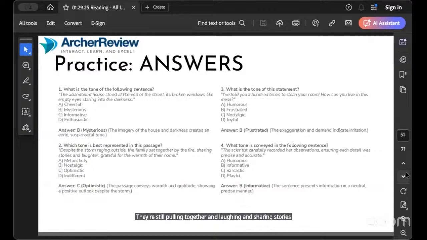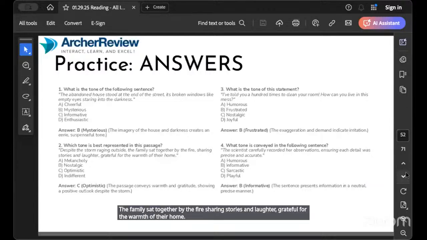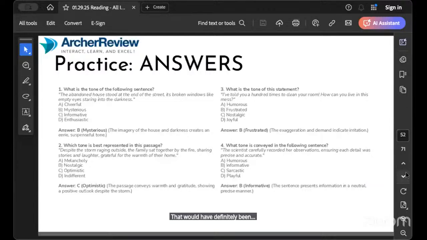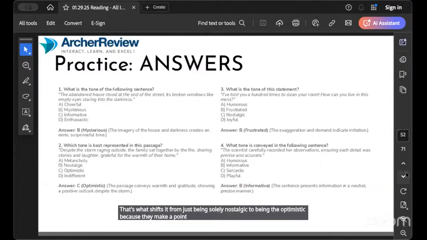So that's where, instead, if it had just said the family sat together by the fire sharing stories and laughter, grateful for the warmth of their home, that would have definitely been B, nostalgic, hands down. But because of that one little phrase, despite the storm raging outside, that's what shifts it from just being solely nostalgic to being the optimistic, because the sentence makes a point to show a negative, but then highlighting the positive.